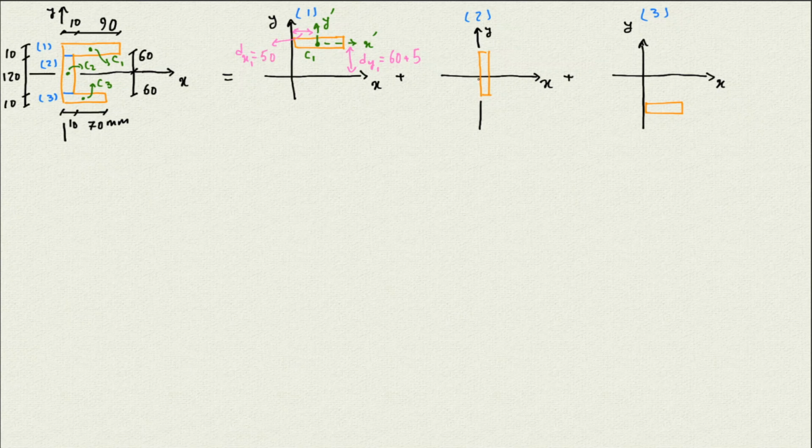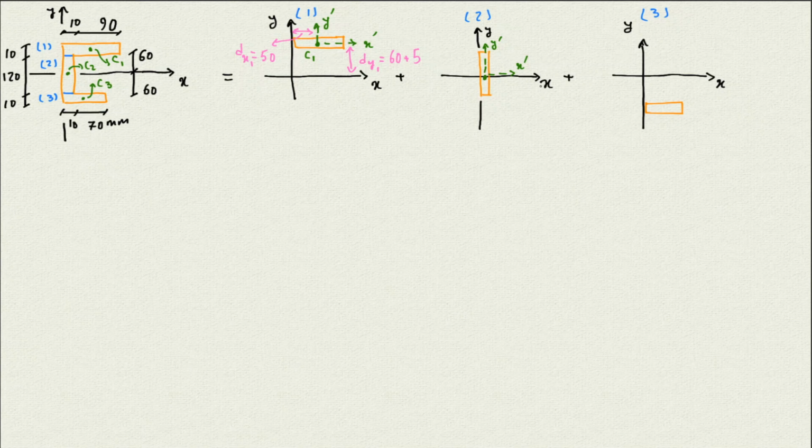For the second one, the centroid is going to be sitting here. So the dx is 0, the dy is 0, because that's going to be the y prime, and this is going to be the x prime.